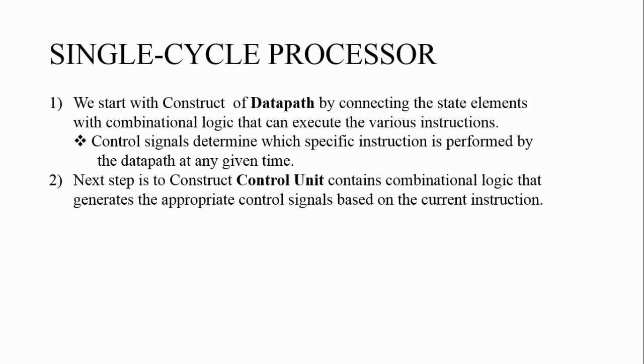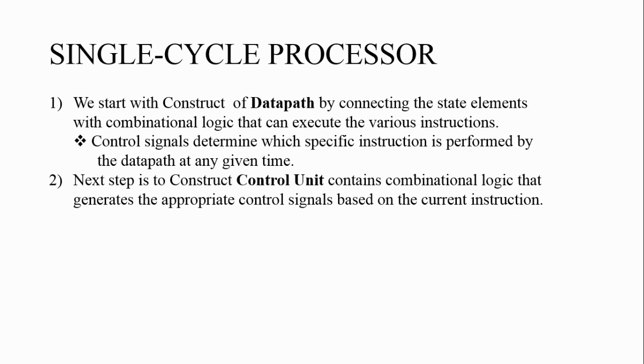Then there are certain control signals which will determine which specific instruction will be sent through the data path. So the next step is to construct a control unit, which contains combination logic that generates the appropriate control signals based on the current instruction.